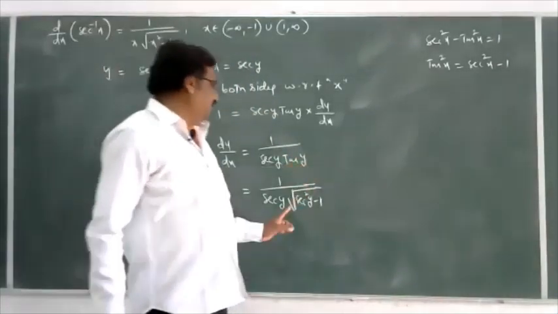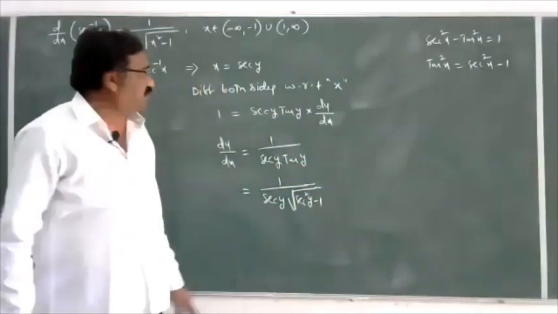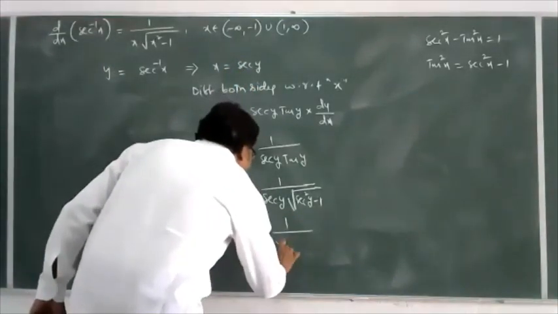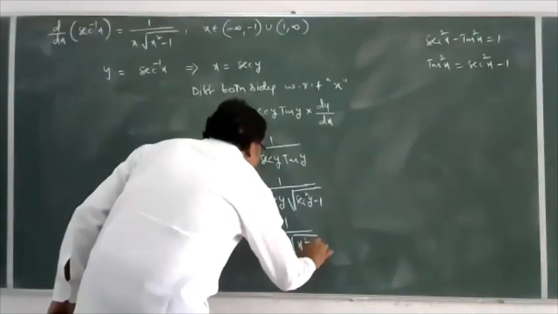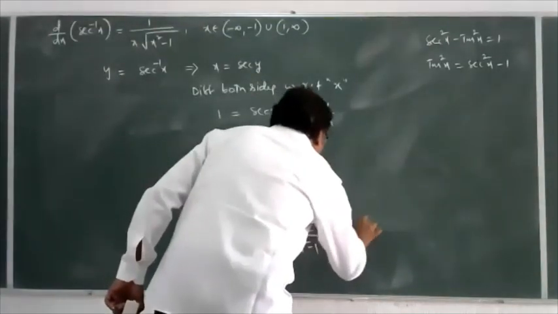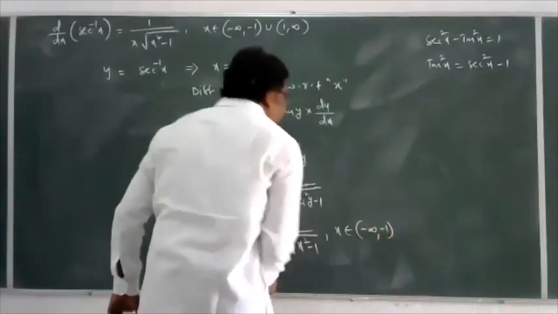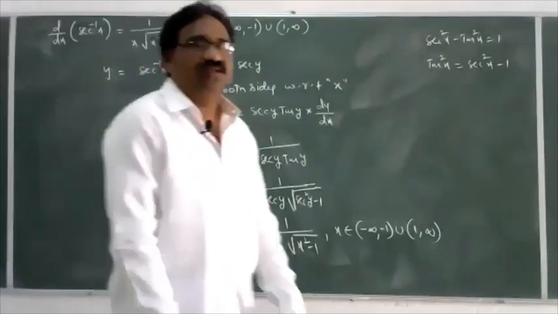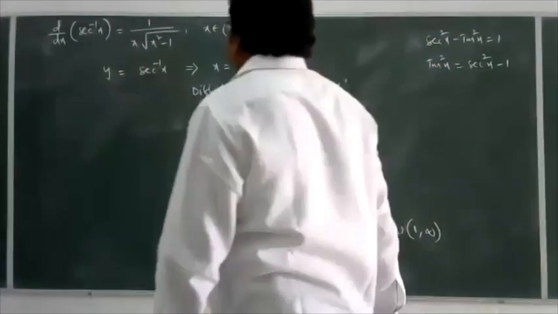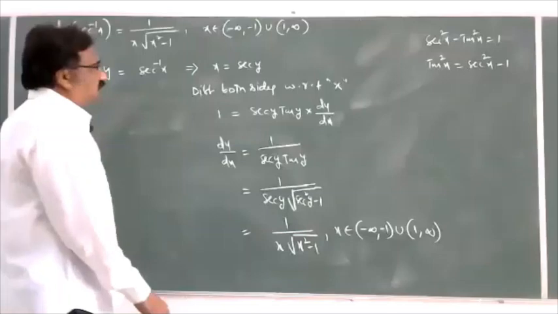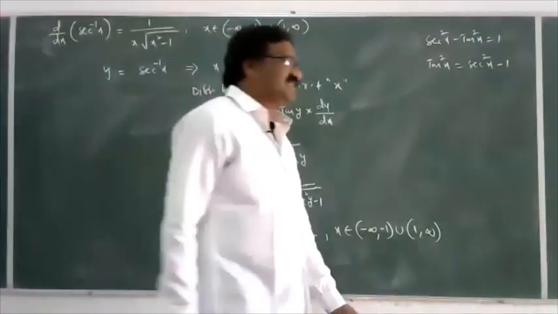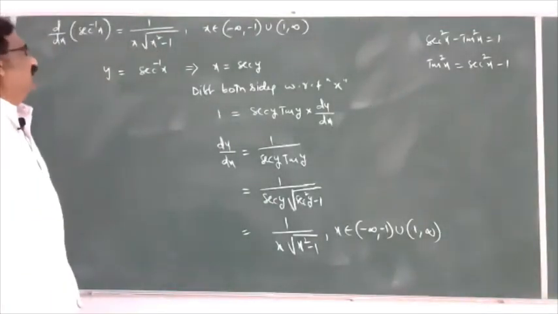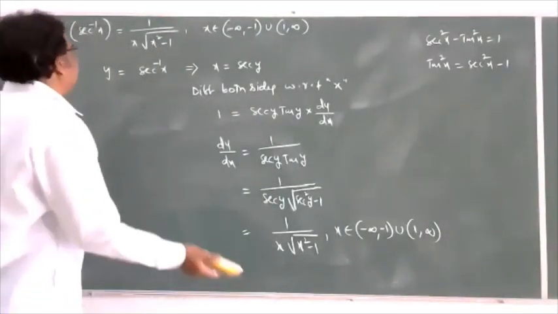Here secant y is already given as x. That is 1 by x into root of x square minus 1, where x belongs to open minus infinity to minus 1 union 1 to infinity. That is the derivative proof of secant inverse x. Therefore, the derivative of secant inverse x is 1 by x into root of x square minus 1.